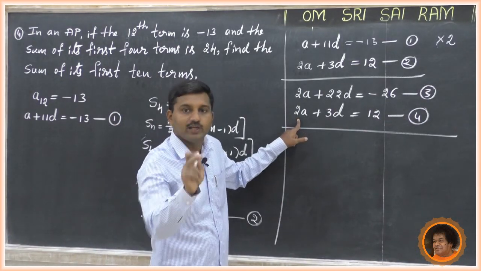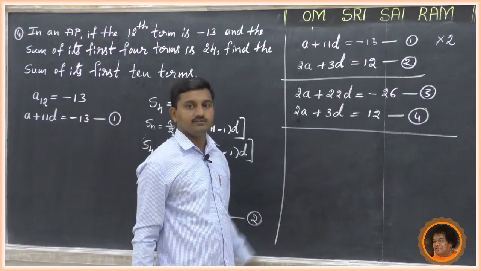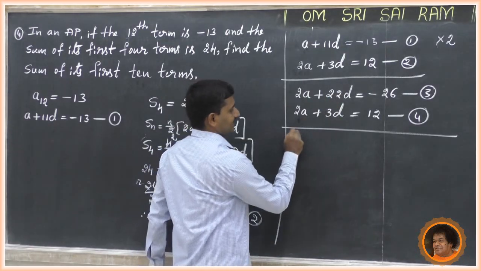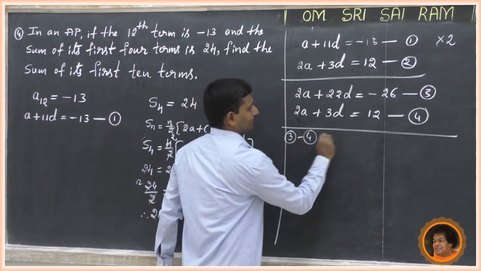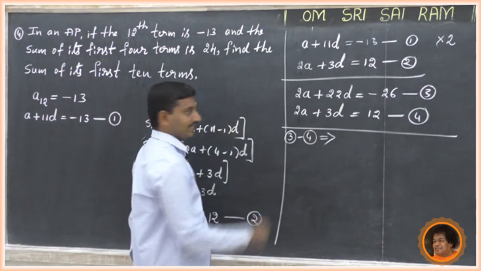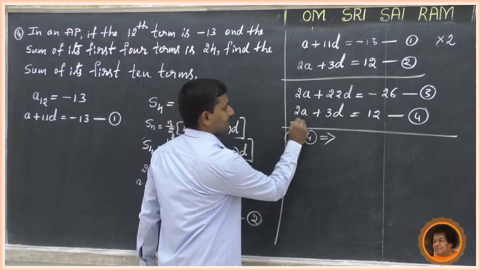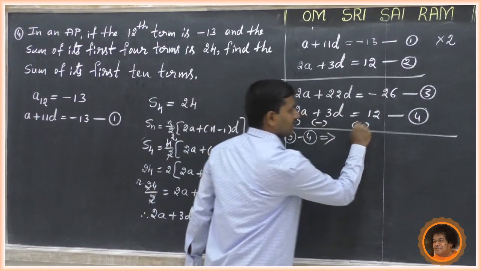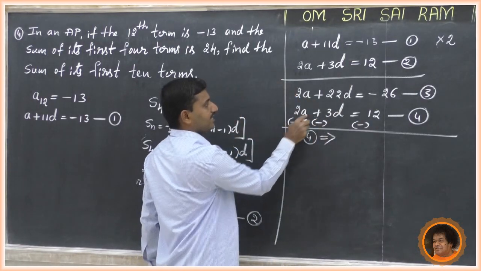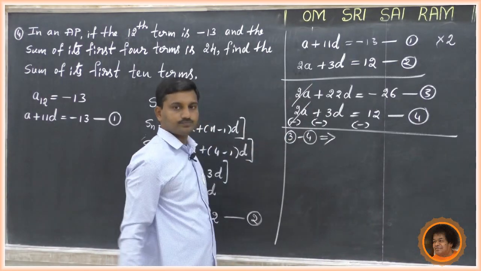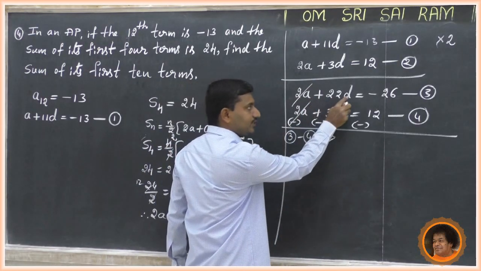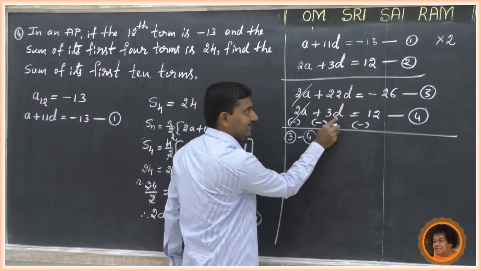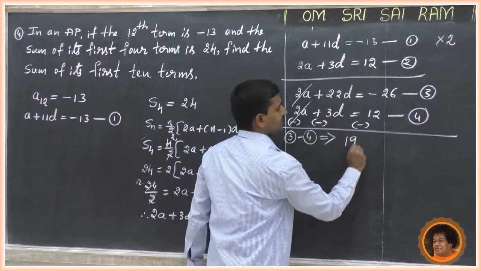How to eliminate any one of the variables, either a or d? Subtracting 3 by 4. So we will get here plus 2a becomes a minus 2a, plus 3d becomes a minus 3d, so here minus 12. Plus 2a minus 2a, that is 0. Plus 22d minus 3d, answer is 19d.